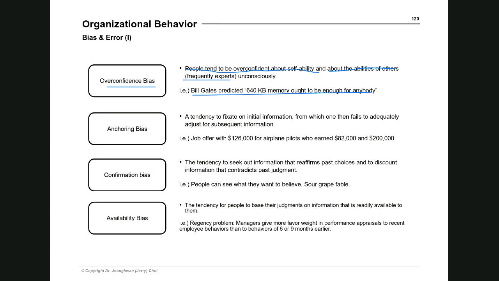Around 30 years ago, Bill Gates said something like this: 640 kilobytes of memory, RAM, ought to be enough for anybody in any situation. He said that around 30 years ago.